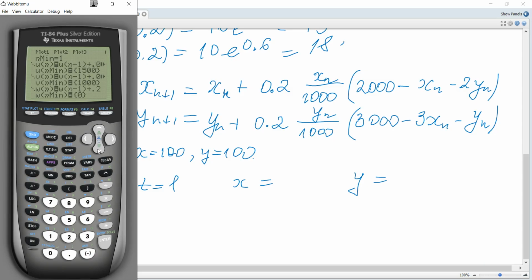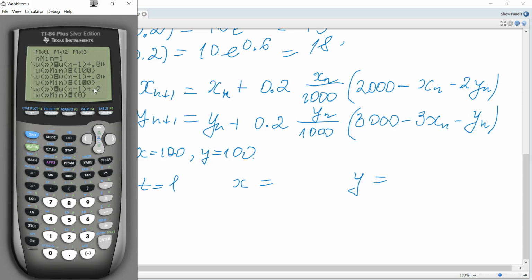And the next is the initial value, it's 100. The next, y, v of n-1 plus 0.2 over 1000 times v of n-1 times 3000 minus 3x, which is 3 times u of n-1, minus y, which is v of n-1, and the initial value is 100.